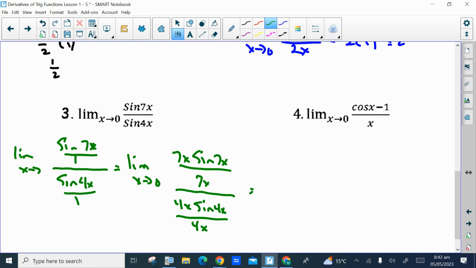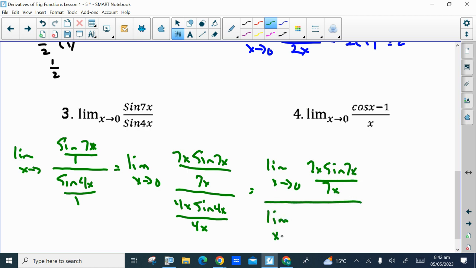And using the properties of limits, we're going to do two things here. I can write these as individual limits, so it'll be the limit as x approaches 0 of 7x sine 7x over 7x, all over the limit as x approaches 0 of 4x sine 4x over 4x.